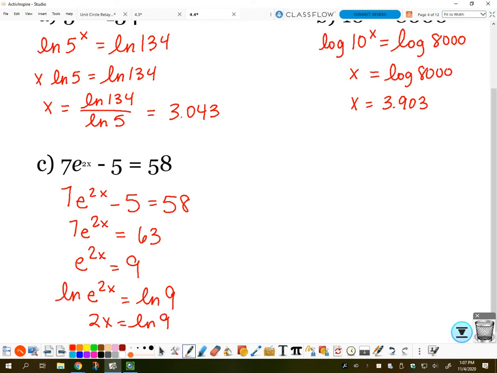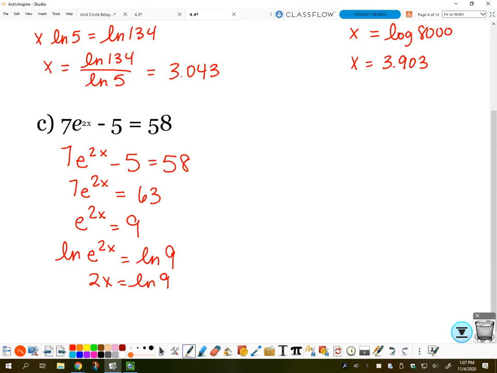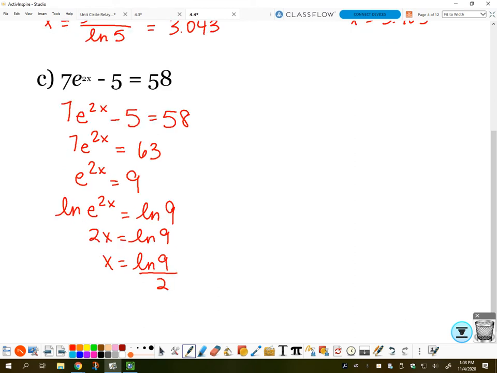Alright, so then you would divide by the 2. And what goes in your calculator is ln of 9 divided by 2. And again, make sure that you do ln of 9, close parentheses, divide by 2, so that you can get the correct answer, which is 1.099.